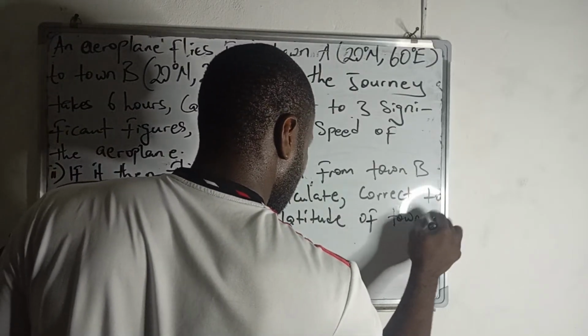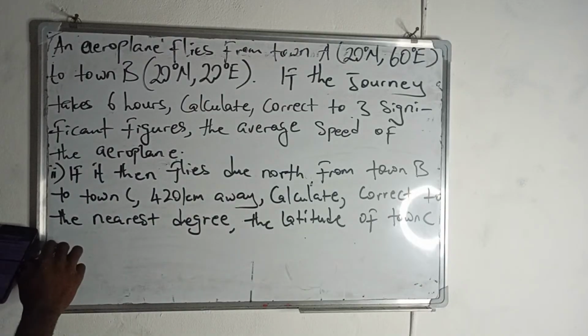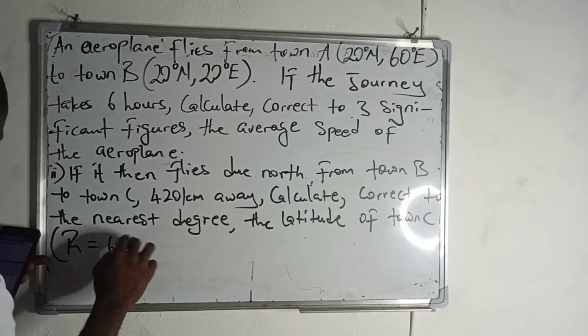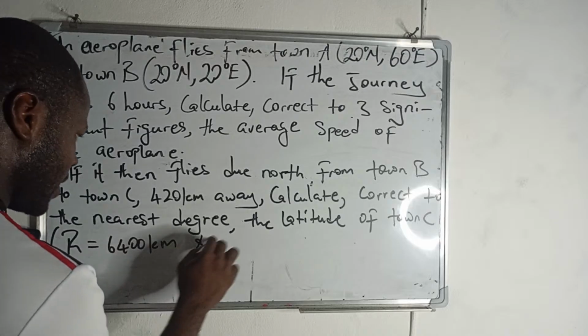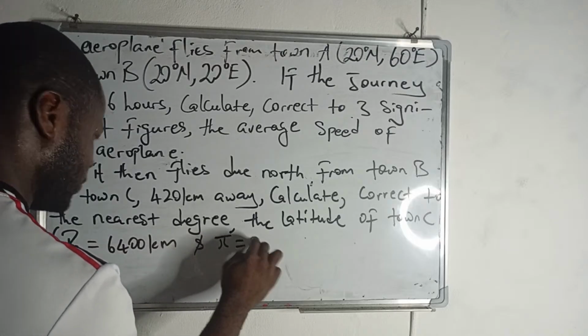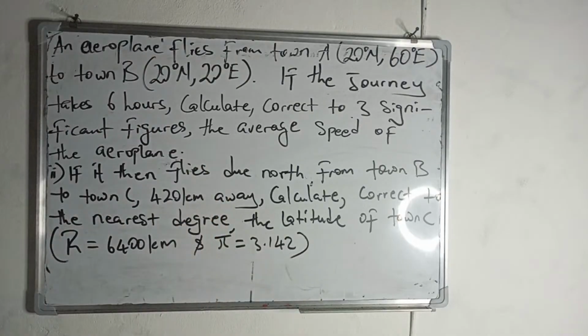I'm managing our space, but okay, we are ready to take R equals 6,400 kilometers and pi, of course, to be 3.142. Now there's something I want you to screenshot this question, screenshot it, because you will clean it and now solve subsequently.